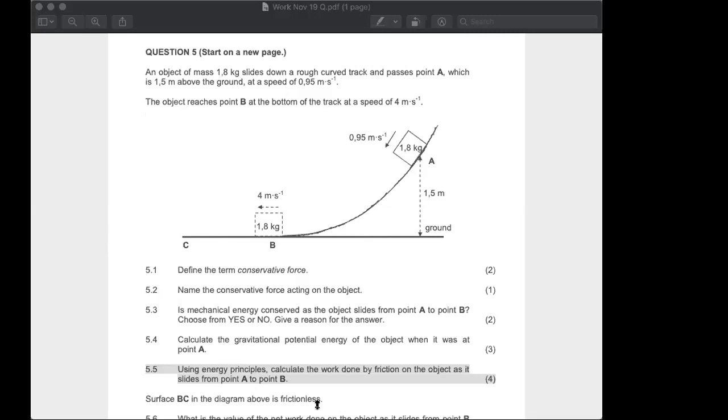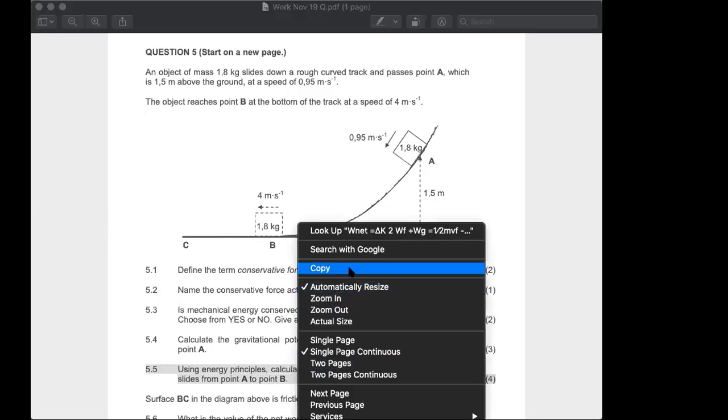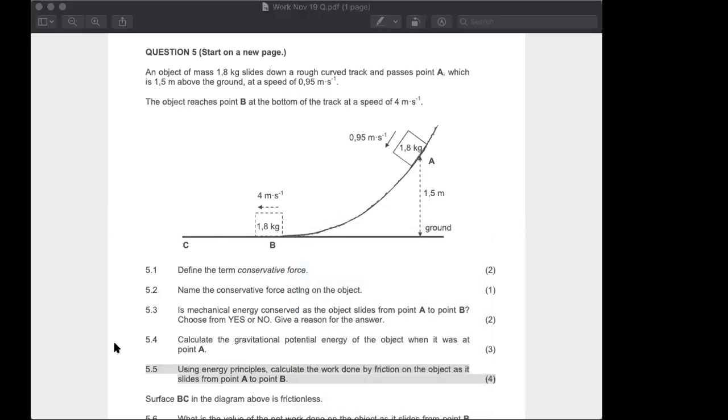Which one is easier for you? One of you at a time. I'll use W net equals delta EK. All right, go for it.